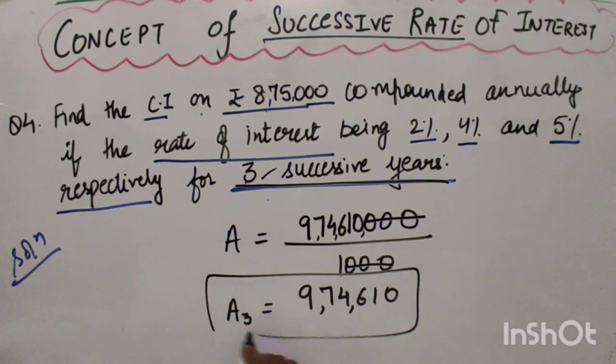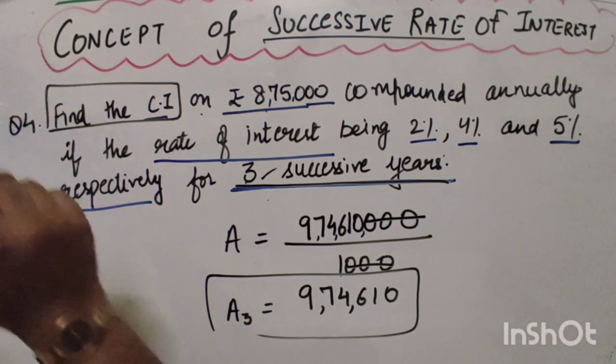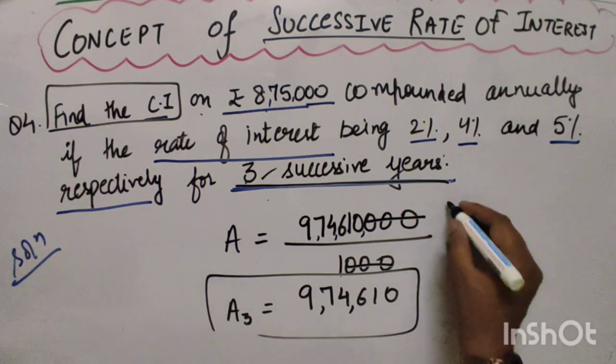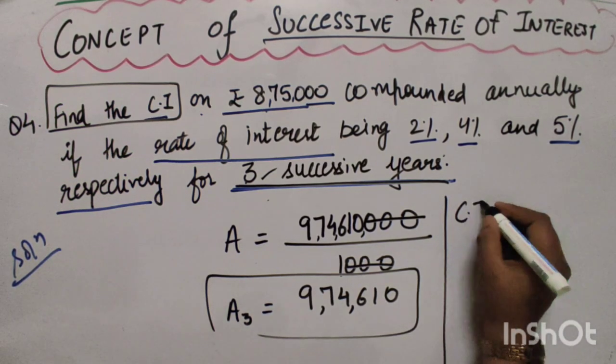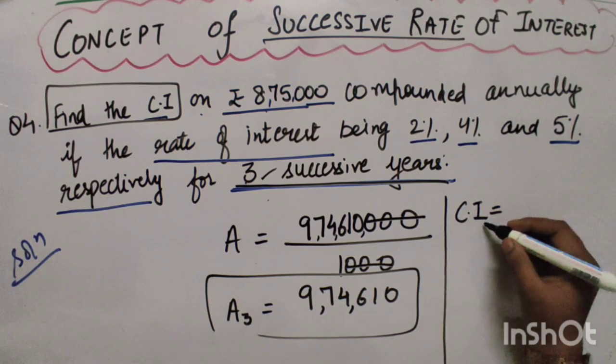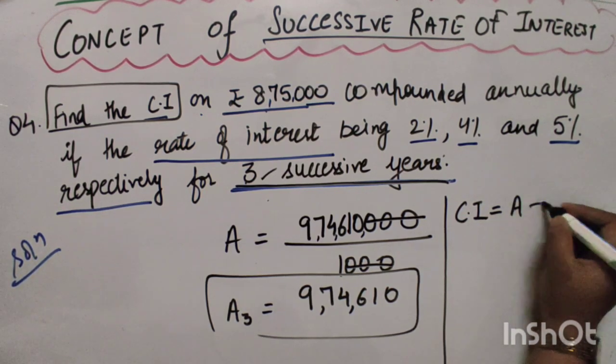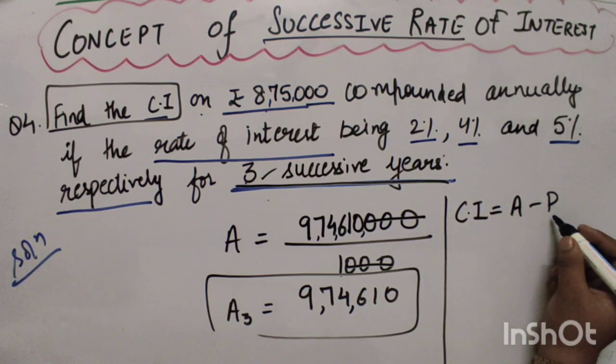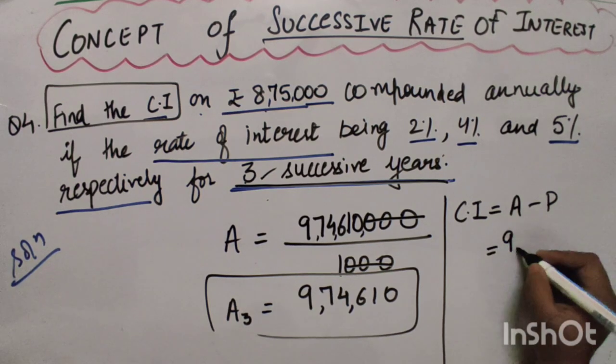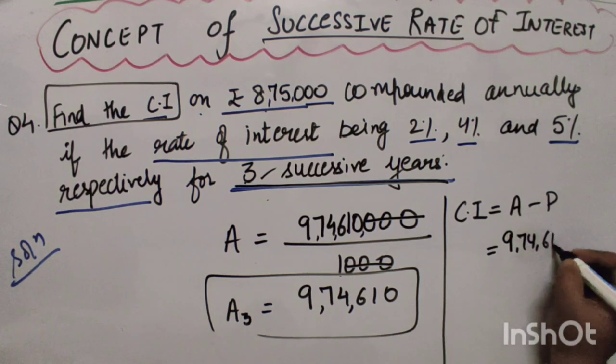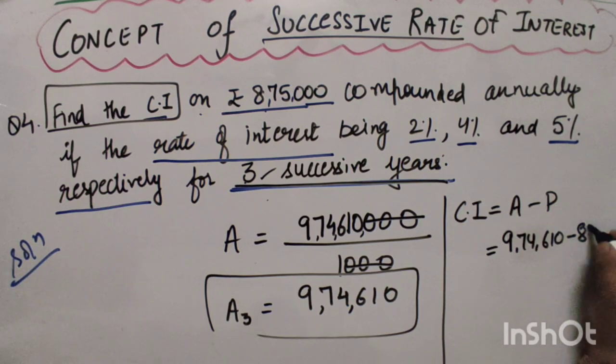But the question was asking for compound interest. So here we are going to find the compound interest, and as we have already discussed, the formula for compound interest is very simple: amount minus principal, that is 9,74,610 minus 8,75,000.